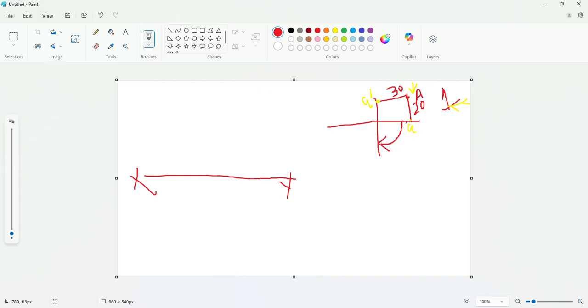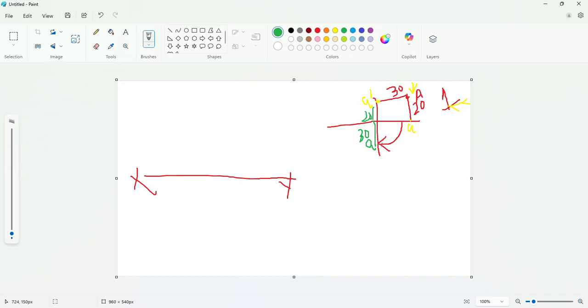After rotation, this A on the HP will come here, on the downside from the origin, the same distance but in the downward direction. This distance is 30 mm. So this will come here, and this will be A at a distance of 30 mm, and this will be A dash, which is 20 mm above this line or above the origin.